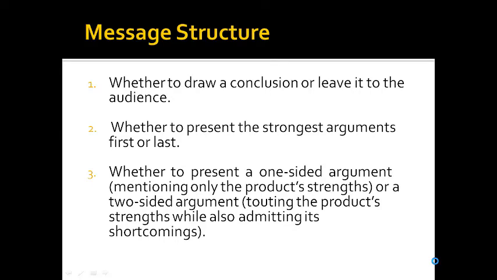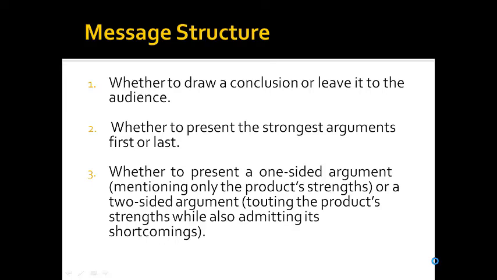These communicators have to decide whether to draw a conclusion or leave it to the audience. Many times they think it's better to leave a question for the audience to answer.